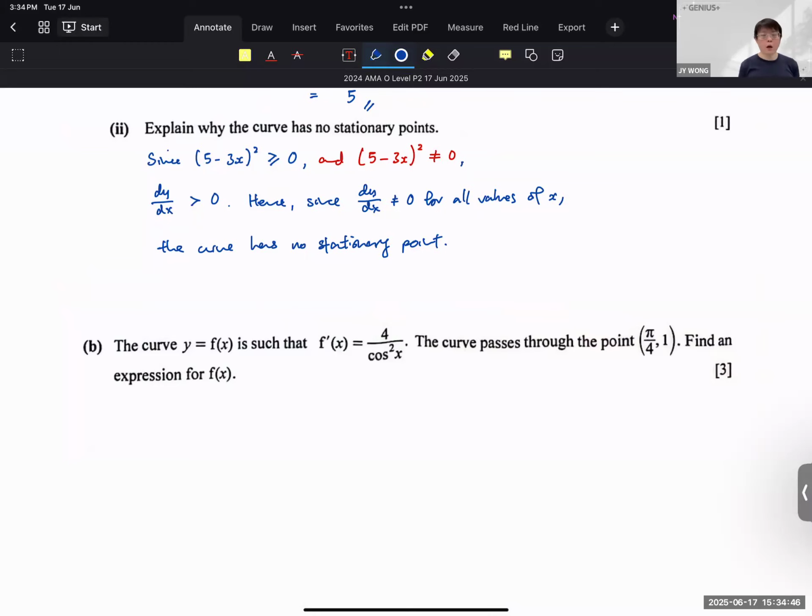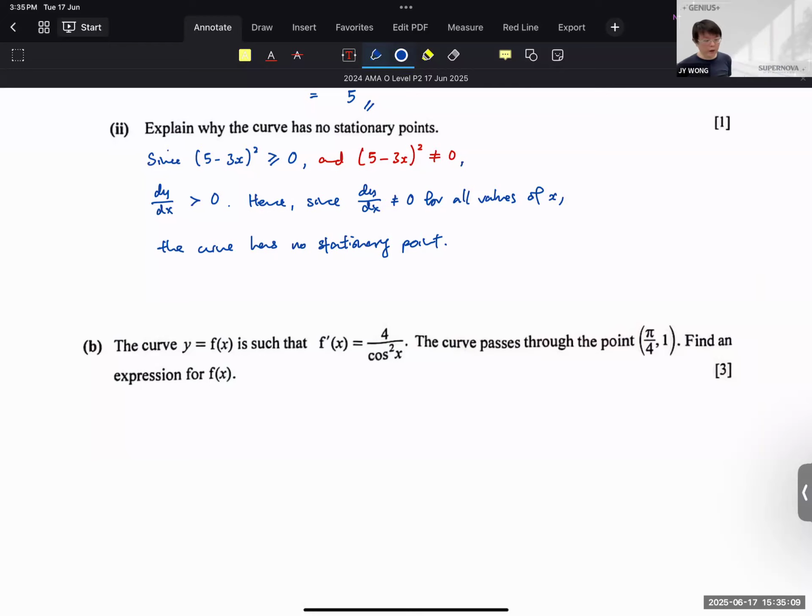But I will write out the complete explanation. Because this is the complete explanation. You have to tell me that your denominator cannot be equal to 0, and therefore it will always be more than 0, and therefore your dy/dx will always be more than 0. And the reason why it has no stationary point is dy/dx can never be equal to 0.